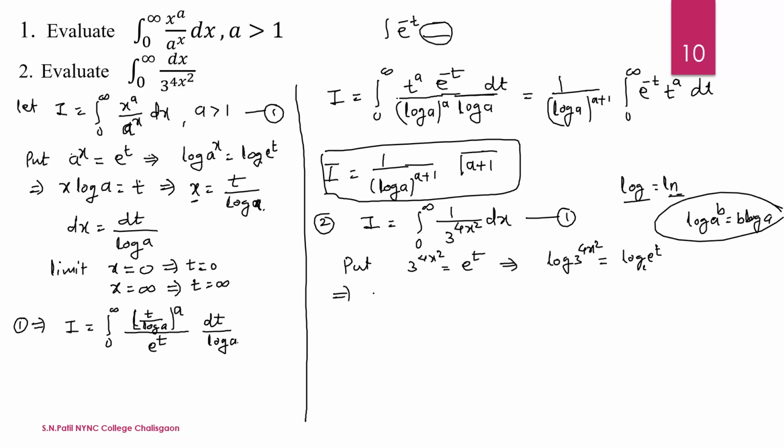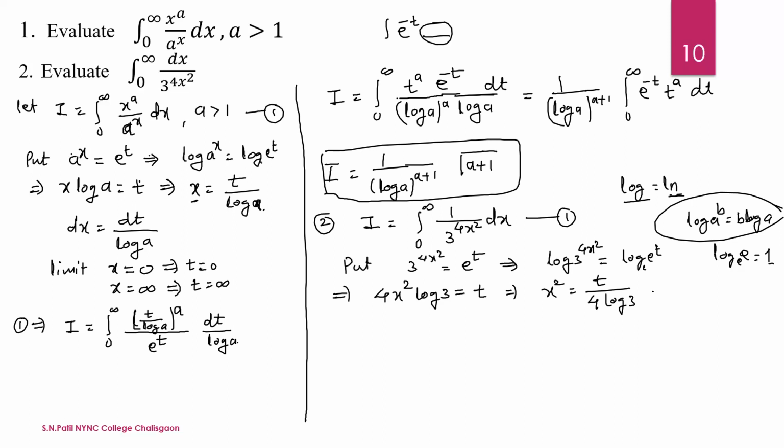So it can be written as 4x square log of 3 is equal to 1 into t, that is t is here. Therefore, we identify the value of x: x square is equal to t divided by 4 log of 3.